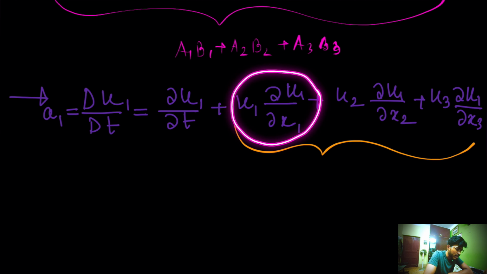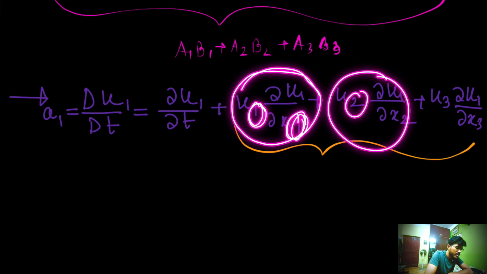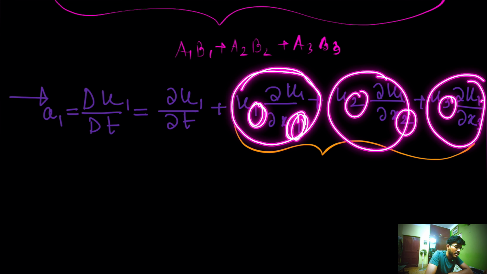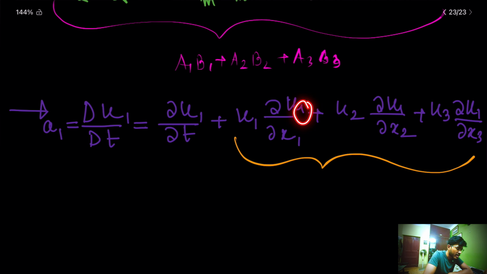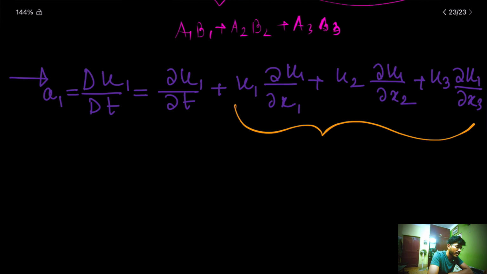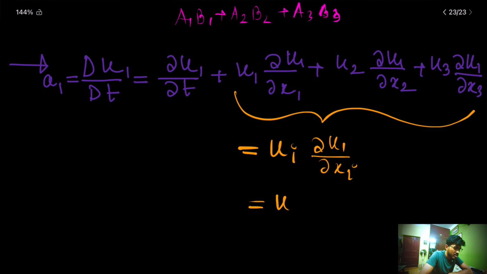So here in the same expression this index is being repeated, and in the same expression this index is being repeated. Now take a look at this index. This is the same in all three expressions. So I can effectively write this as ui del u1 del xi, or I can write this as um del u1 del xm. Same meaning.